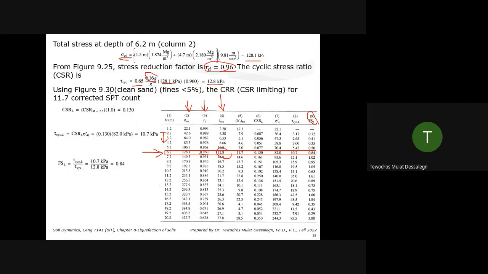Using figure 9.3, clean sand, fines less than 5%, the CRR, the cyclic resistance ratio, for 11.7 corrected SPT blow count, 9.3, 11.7.